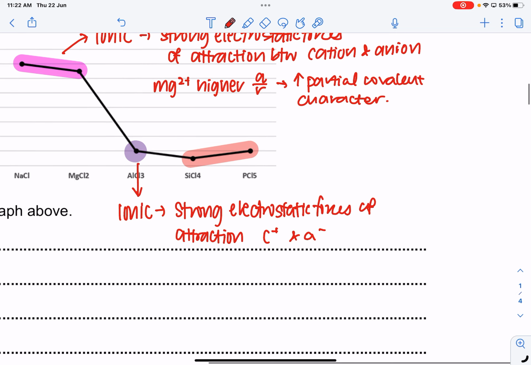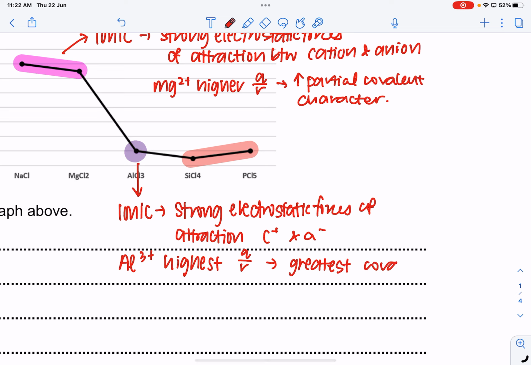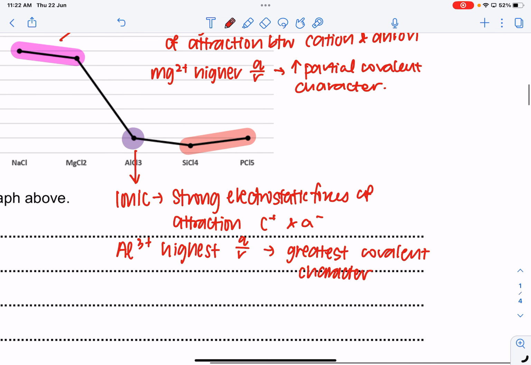In this case, however, Al3 plus has the highest charge density, so your highest Q over R. So you see there is the greatest covalent character. Therefore, your ionic bonds are weakened even further.